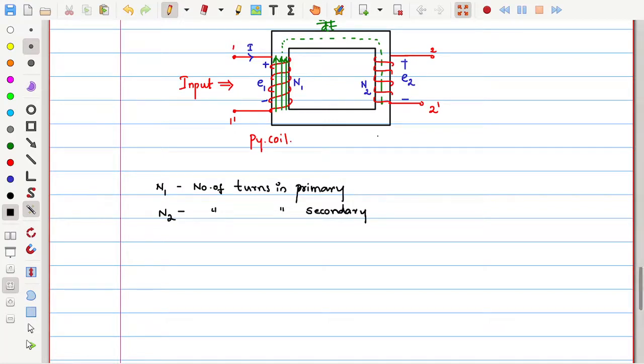This is the secondary coil, and let us say flux phi m is the maximum flux in the core in Webers.